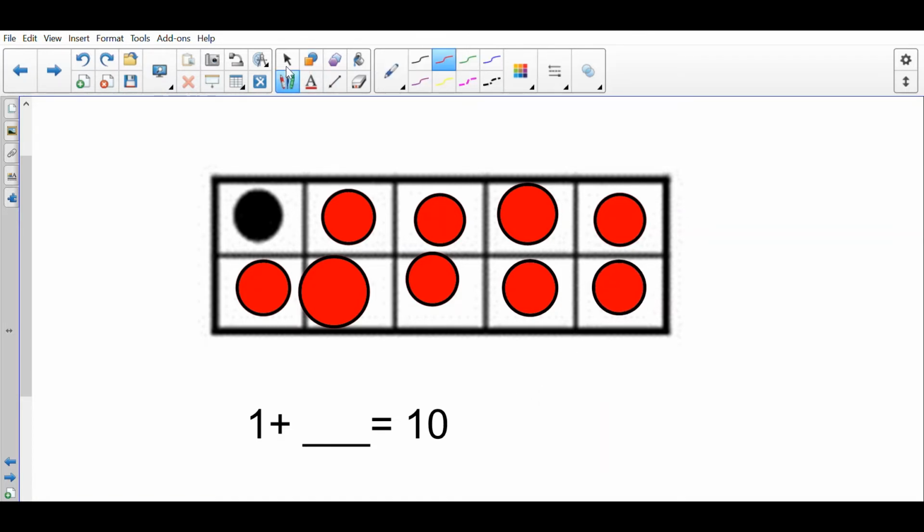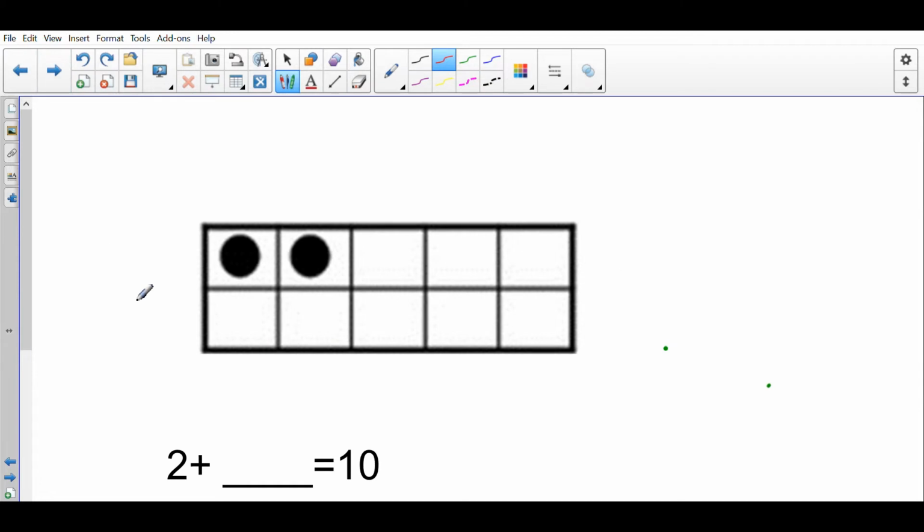So our whole number sentence is going to say 1 plus 9 equals 10. So we went up 1 dot, and then the number we had to write here went down by 1. So the two numbers that make 10 are 1 plus 9. Let's do our next one.